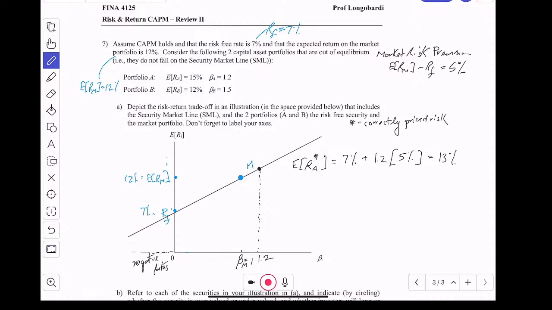But where is it? A is 15%. So now we have to determine, what does that mean? Okay, we're going to do that next. Let's plot B first. So B, with a beta of 1.5, where should it be?